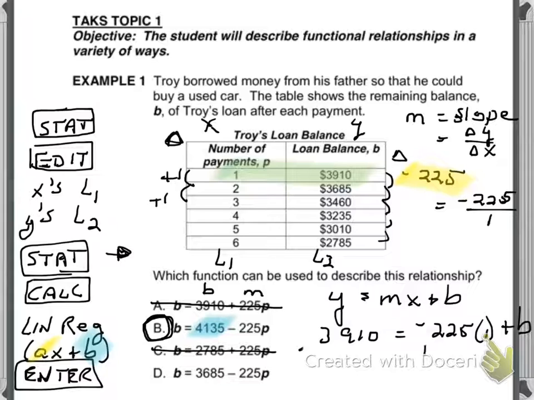Then when I add this across 225 here, what I end up with is 4135 equals b, which again is what I arrive at using the other method.